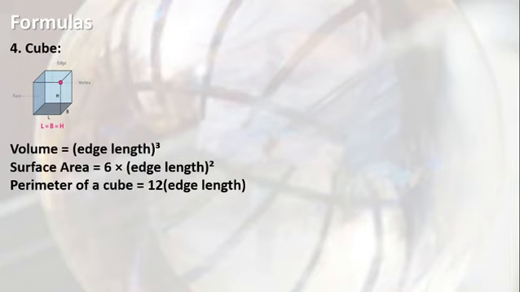And then last but not the least, and you might find this also very useful, is the perimeter of a cube. And perimeter is the sum of all the edge lengths, and there are 12 of them. Okay, so it means that the perimeter of a cube is equal to 12 times edge length. So let's see an example under the cube as well.